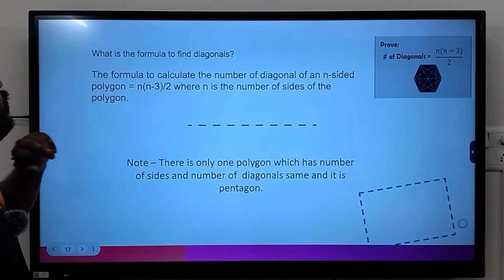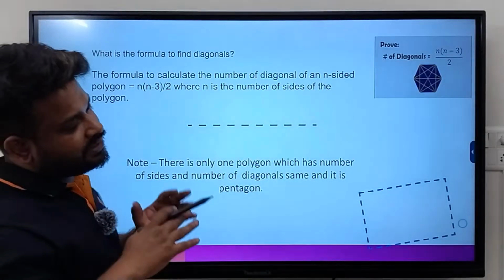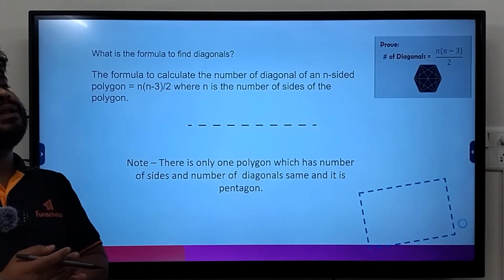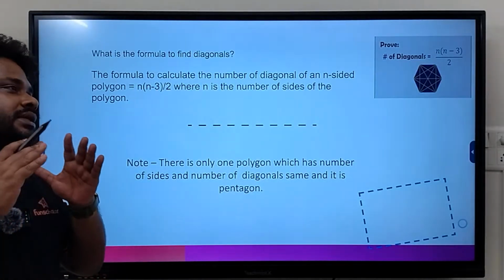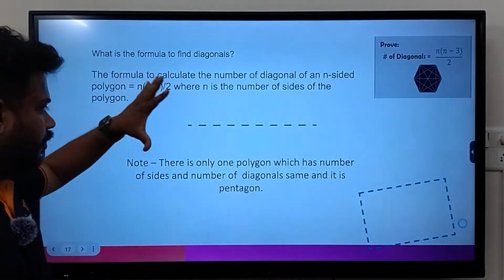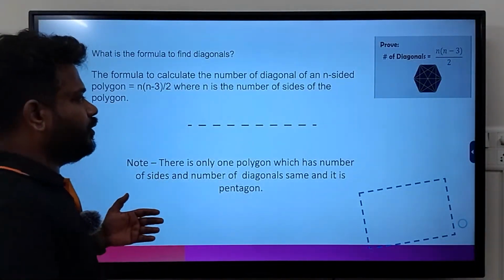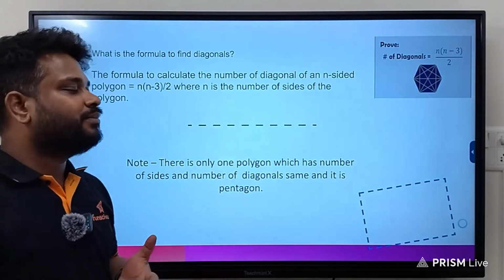Okay, what is the formula to find diagonals? I was just telling you why a triangle does not follow certain formulas of polygons. That's why some mathematicians don't consider a triangle as a polygon, but in your book or in this slide they have considered it.